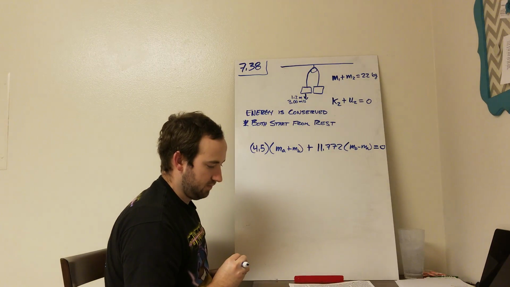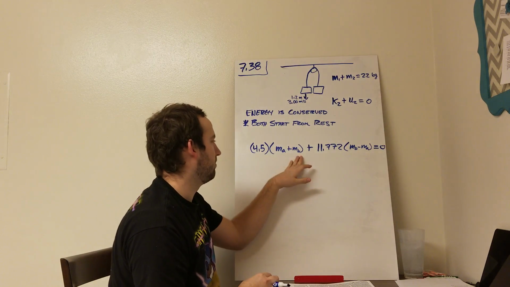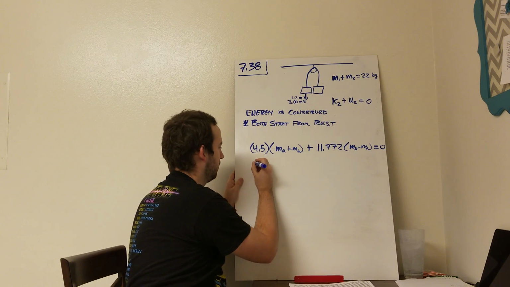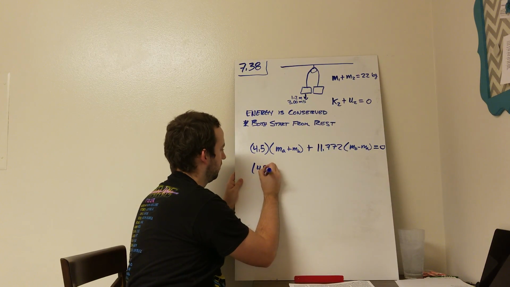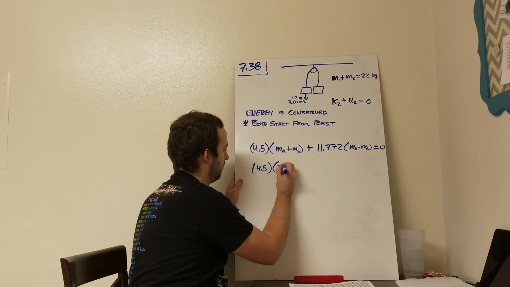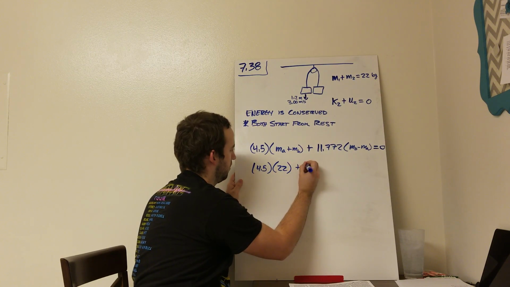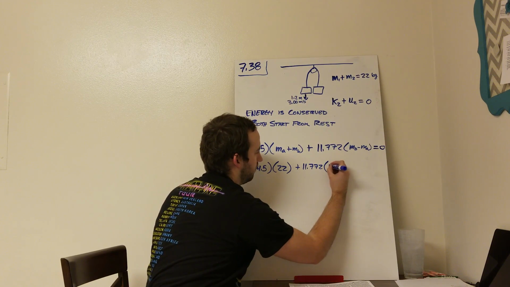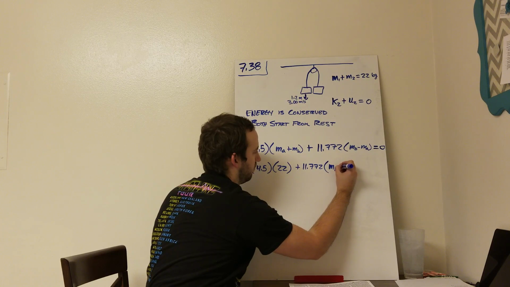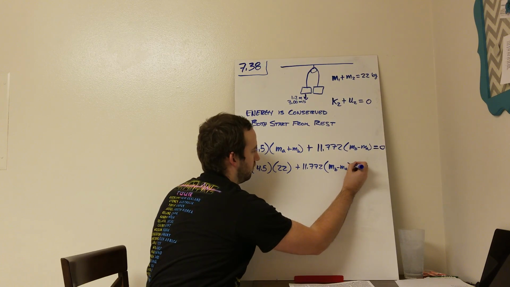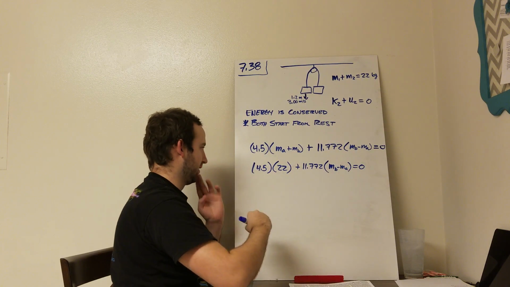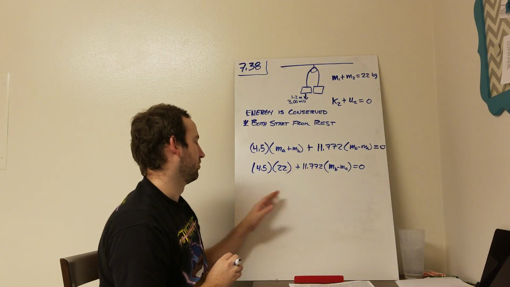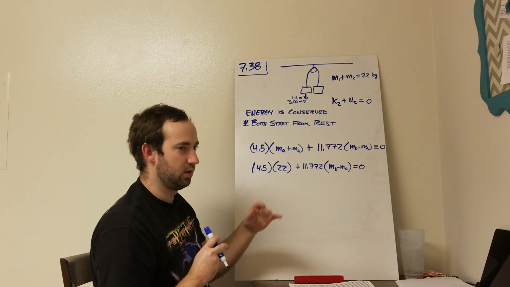So now what we do is we know that mA plus mB equals 22 kilograms. So let's plug that in. And then I like to multiply it out, just have less things to keep writing down.